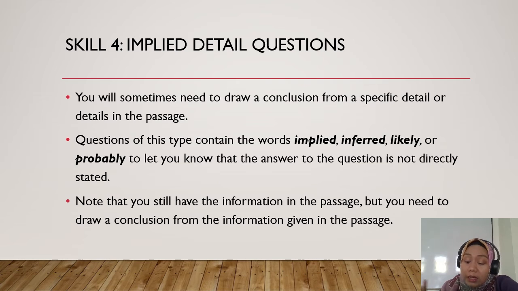So it is not really stated in the passage, but from the details that are given in the passage, you can draw a conclusion to help you answer the question. Questions of this type contain the words implied, inferred, likely, or probably to let you know that the answer to the question is not directly stated. Note that you still have the information in the passage, but you need to draw a conclusion from the information given in the passage.